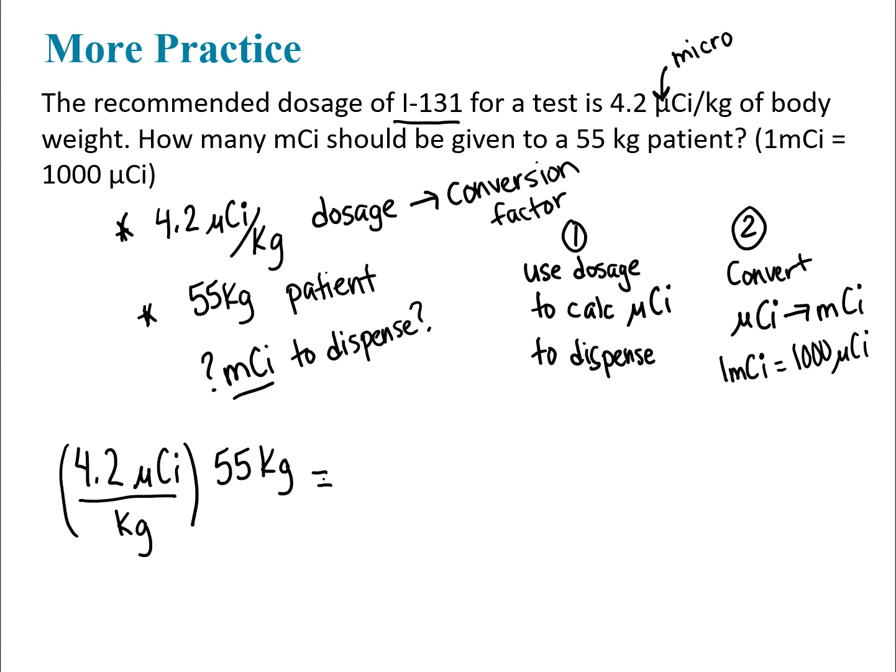So we're first going to multiply these two. You've got 4.2 microcuries per kilogram times 55 kilograms. The kilograms cancel, and you're left with the number in microcuries.